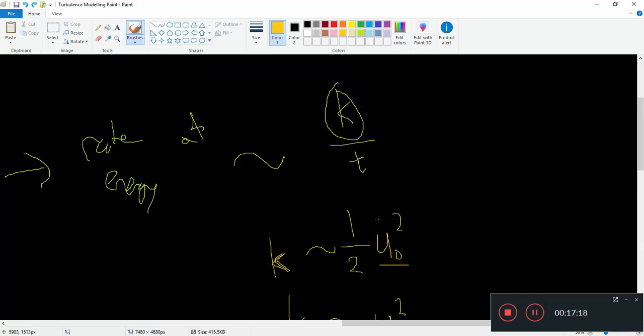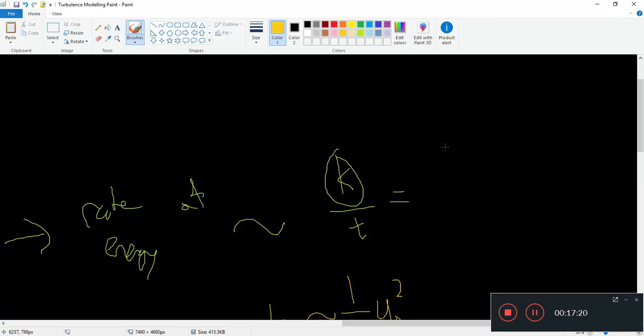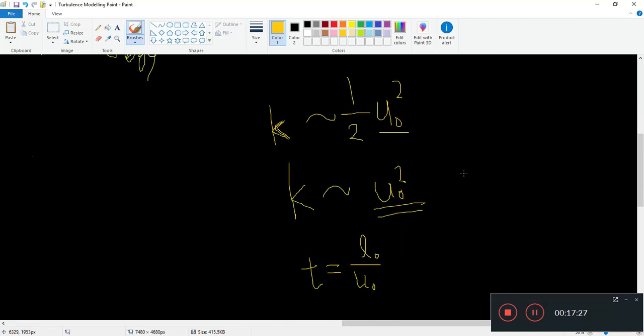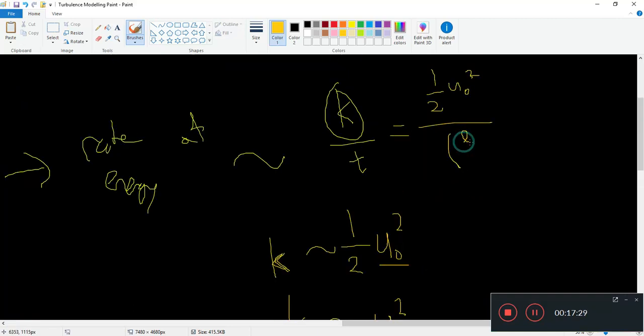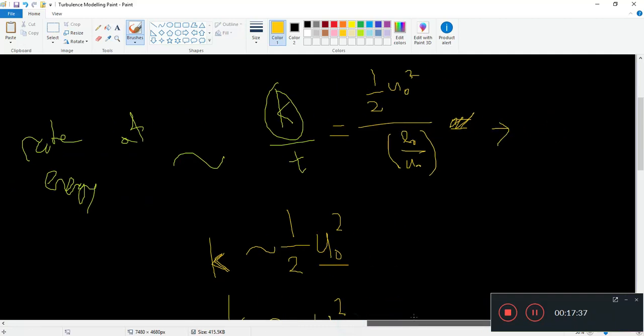If we substitute this in strictly, we use the half u naught squared, and a time scale which is L naught over u naught, and if we take out the half, we'll be left with u naught cubed over L naught.